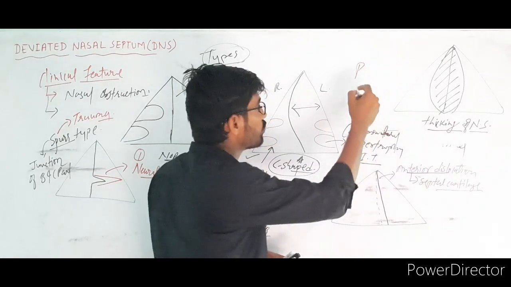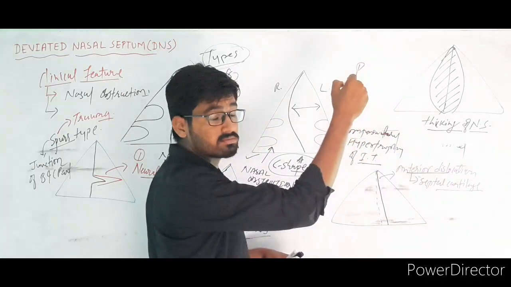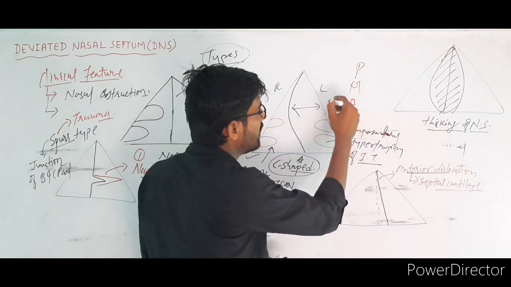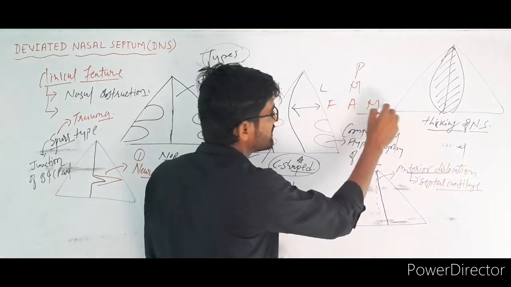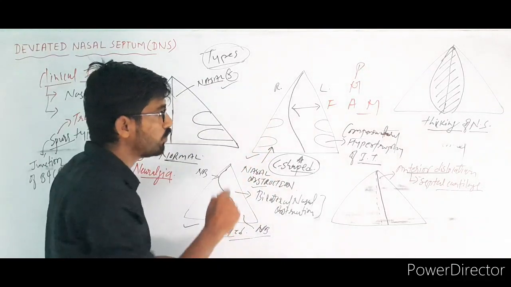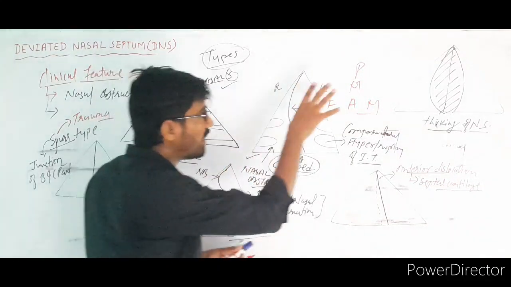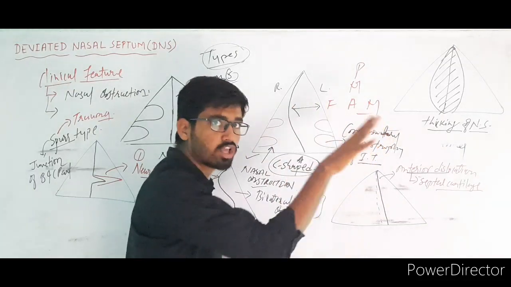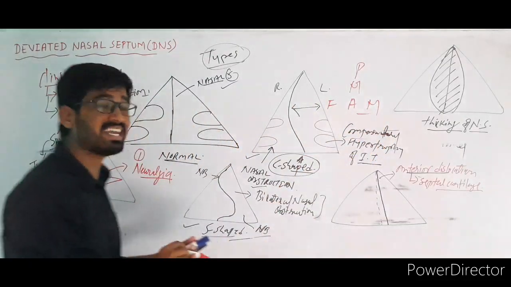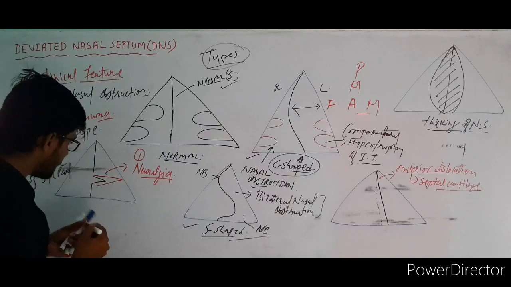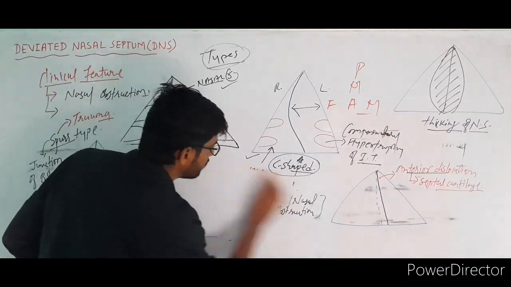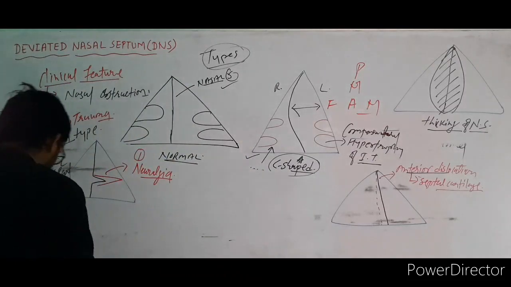Posterior ethmoidal air sinus, middle ethmoidal air sinus, and anterior ethmoidal air sinus. Here is the frontal air sinus, and here is the maxillary air sinus. So all these air sinus openings get blocked. So there is no ventilation of the sinus. One thing in the clinical features, I want to remove this and see here. Clinics what?